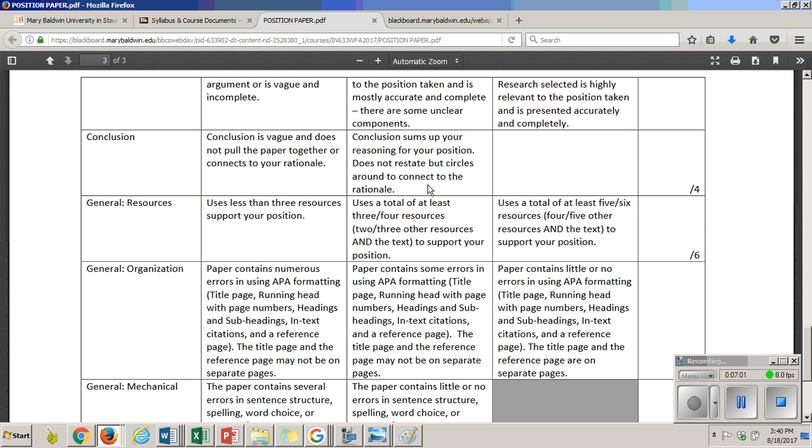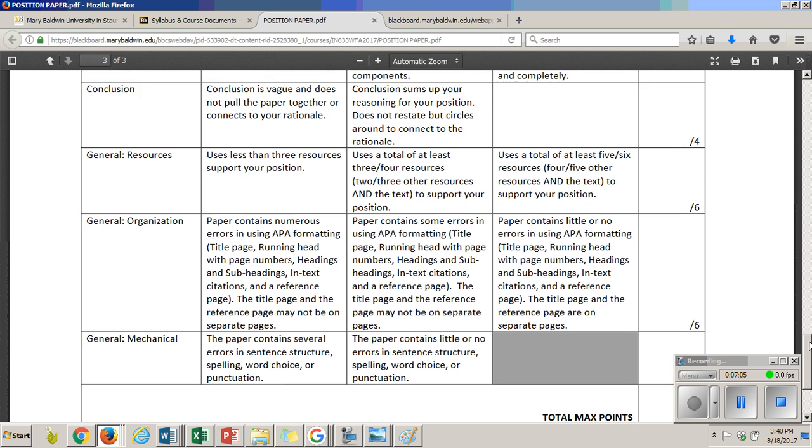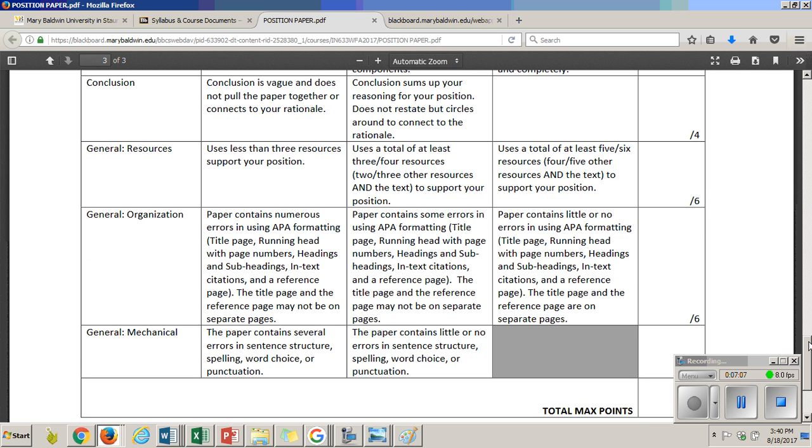I'm also going to be looking at some general ideas. In general, your resources. In your resources, you should have five or six. I said at least five, and then you have your text, which would make it six. Four or five if you include your text, to support your position.